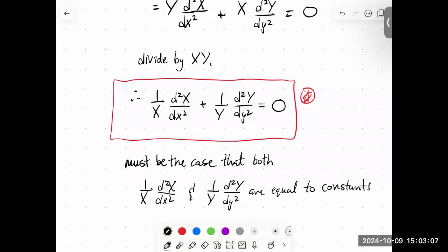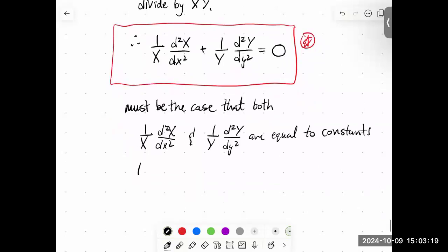Actually, the requirement is stronger than that. If this is equal to constant c, what's this one equal to? Negative c, right? That's the only way they're going to add up to 0. So, in fact, the constants are equal and opposite.